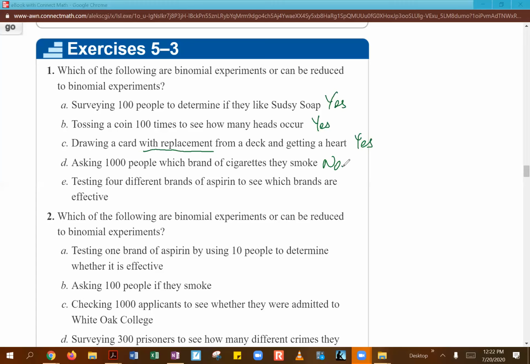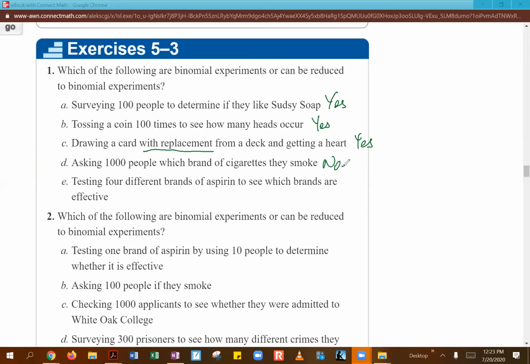And part E, testing 4 different brands of aspirin to see which brands are effective. Okay, Kimberly, you're saying no for the same reason as above.